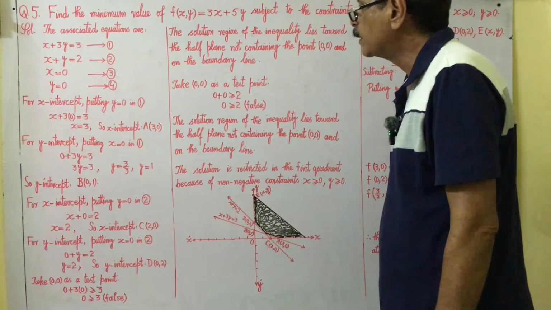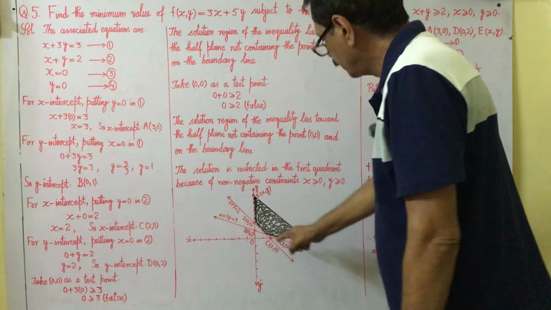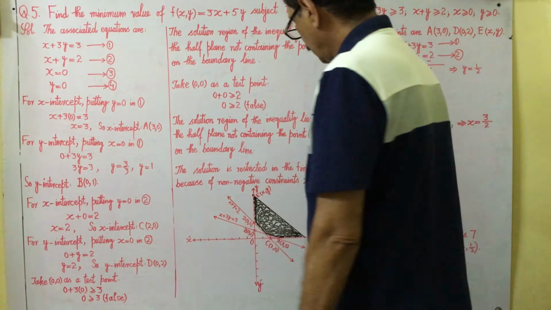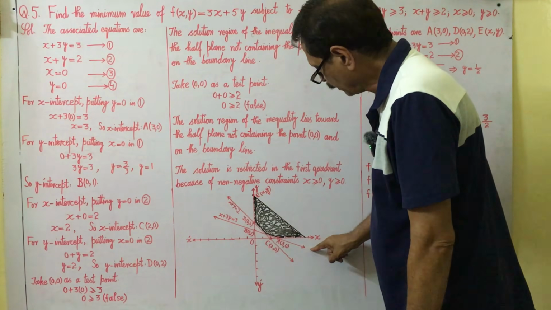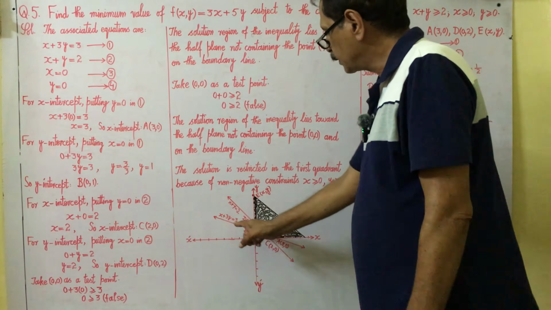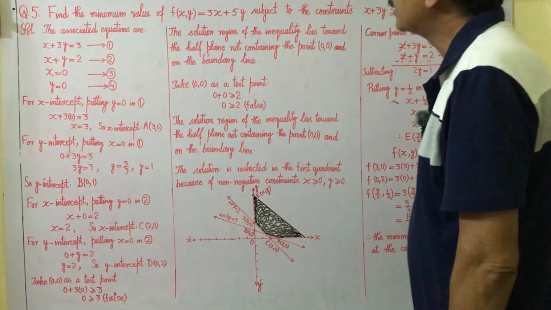This is A. Now B has coordinates (0, 1). This is point B. We pass a line through A and B. You see, this is the line of equation x + 3y = 3.